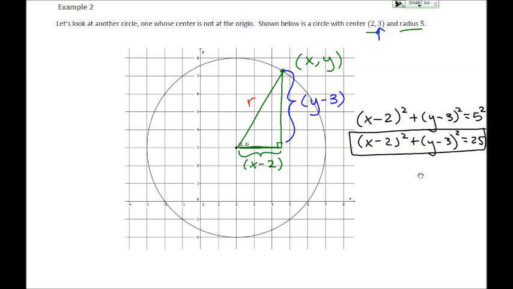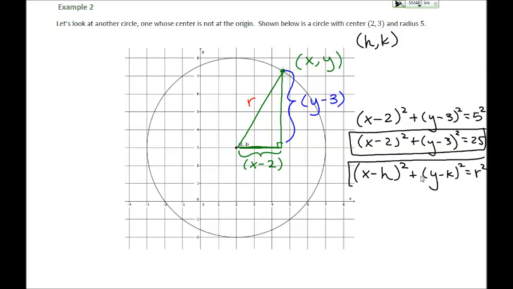So let me generalize this. We generally call the center of our circle (h, k). I'm not sure why they choose the letters h and k, but that's what's commonly used for these kinds of equations. The x coordinate is h and the y coordinate is k. So in general, the equation of a circle is (x minus h) squared plus (y minus k) squared is equal to r squared.